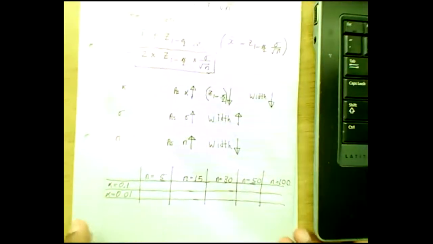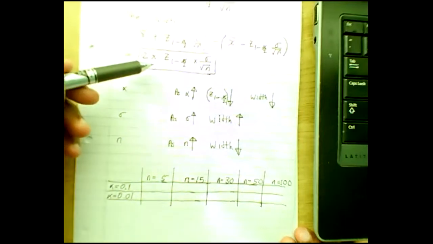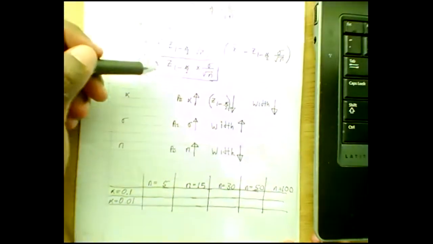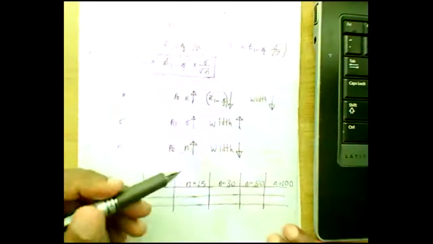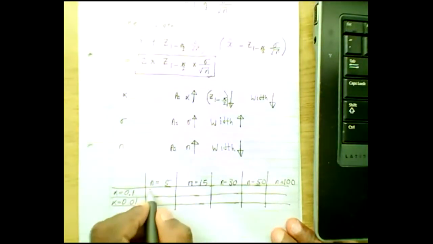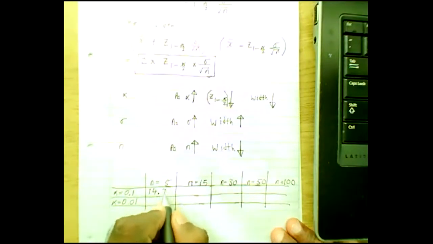Okay. Now for each combination of alpha and n, you can work out what this is. And we are taking sigma, if you read the question, to be 10. So we are taking sigma equal to 10 in this expression. For sigma 10 and alpha and n given by these combinations, you will get the following values. So when alpha is 0.1 and n is 5, the width will become 14.71.